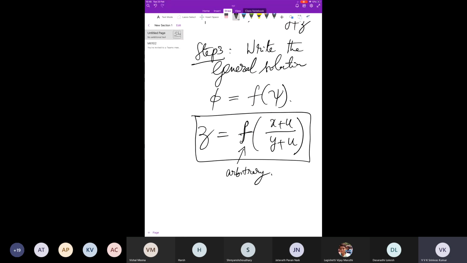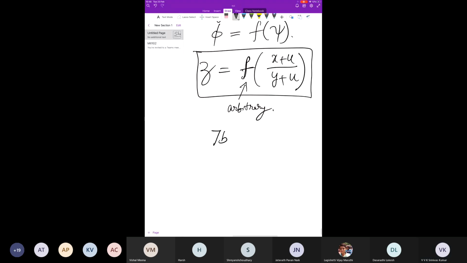So please complete the B part, 7B, and go through 7B and 7C. Now, what other problems are left? 8 and 9.